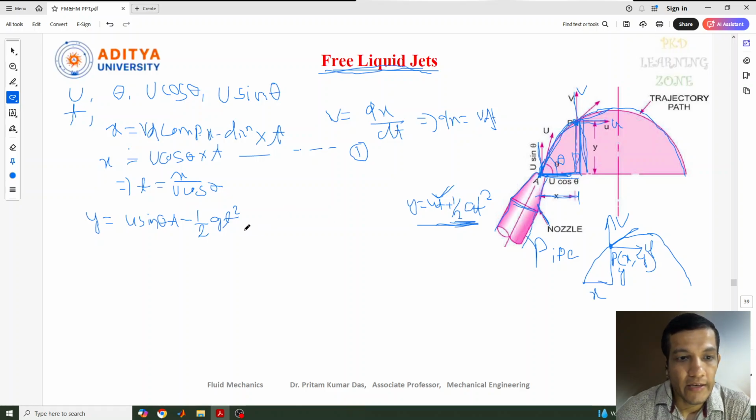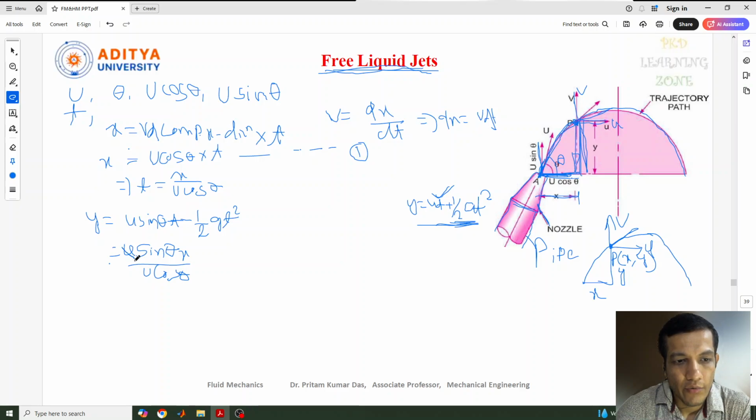Now if you see, previously we got the t value, so I'll put the t value in this equation. So I can write u sine theta, and the value of t is x by u cos theta.